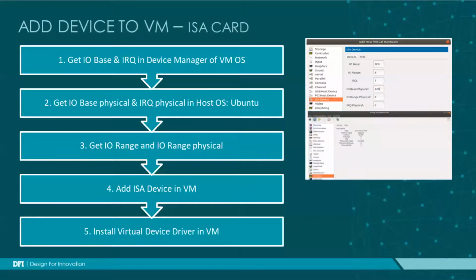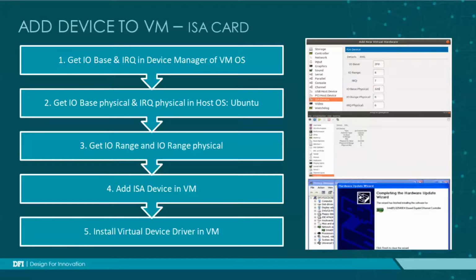Second, get IO-based physical and IRQ physical in host OS. Third, get IO range and IO range physical. Fourth, add ISA device in VM. Last step, install driver. Then the add-on card is installed completely. For all of the above steps, we will provide a document to guide customers how to do it.